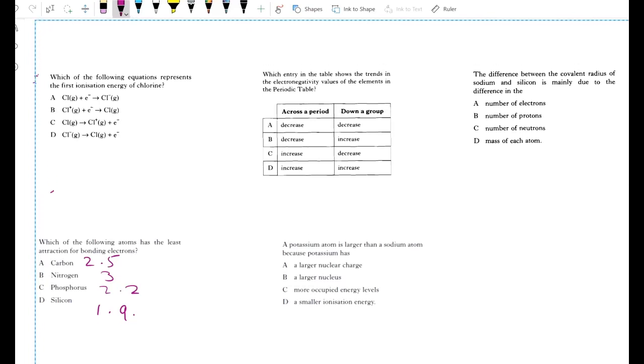So the first thing you want to do is have a look for any answer that does not start with an atom. So if we have a look at B, we see that it's got a positive charge. That means that it's already an ion, and so that would be the second ionization energy.